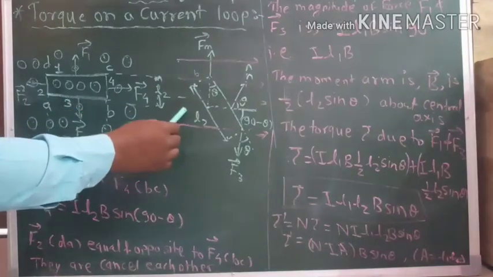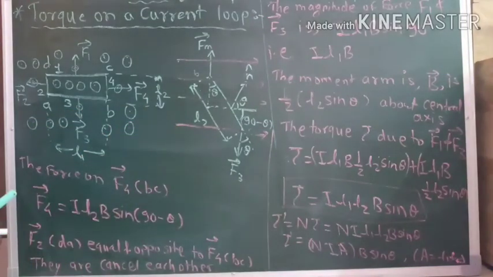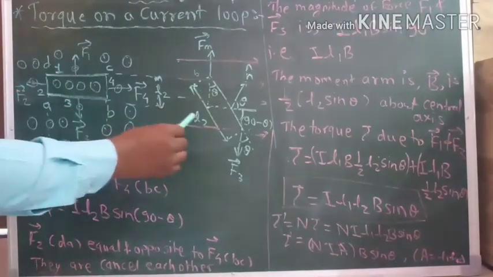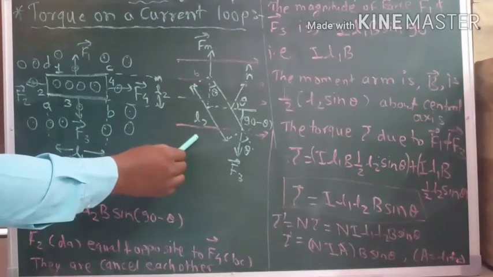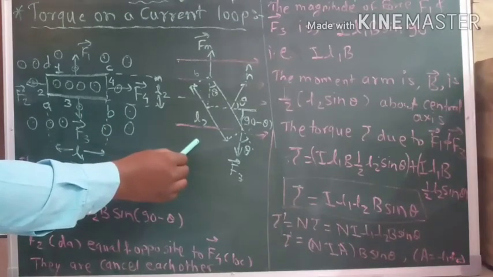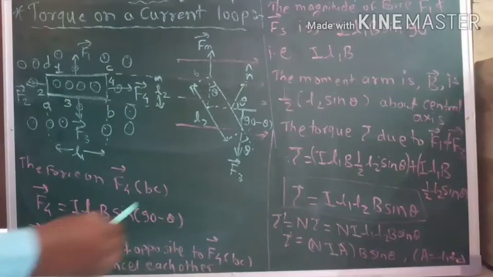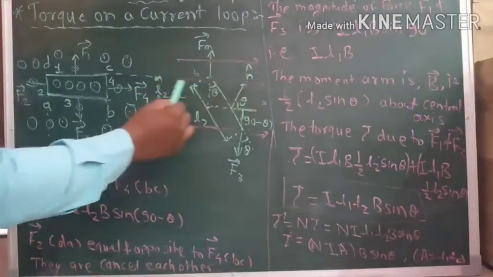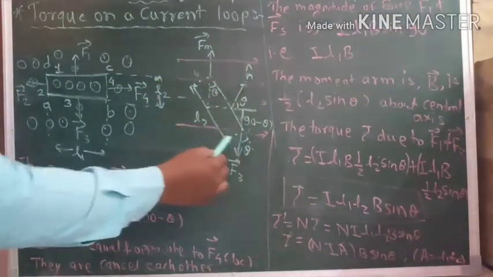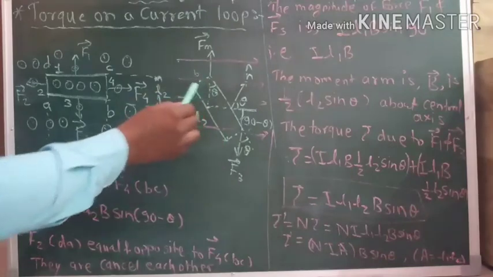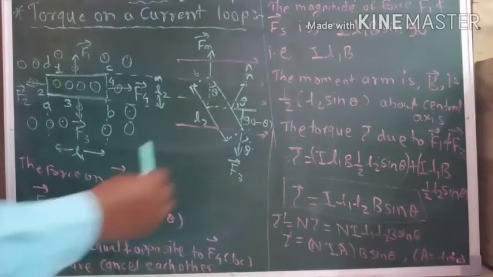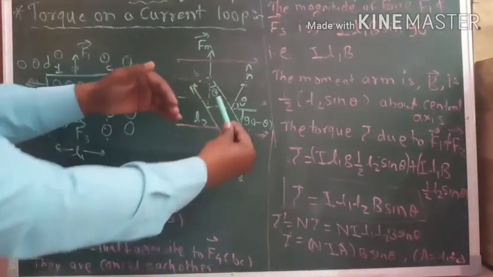We consider the side view of loop ABCD. This is the side view of the loop ABCD with angle theta. These pink lines indicate the magnetic field, and this rectangular coil is placed in this magnetic field and rotates on its own axis.